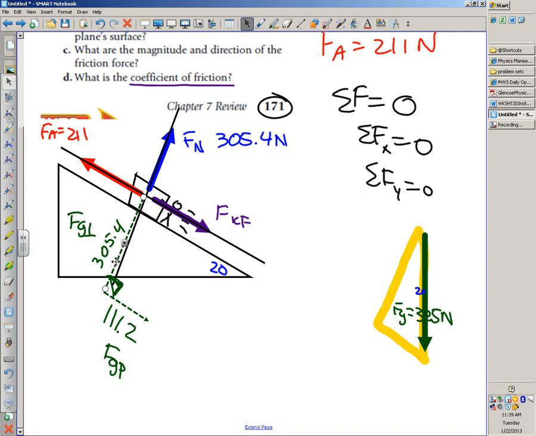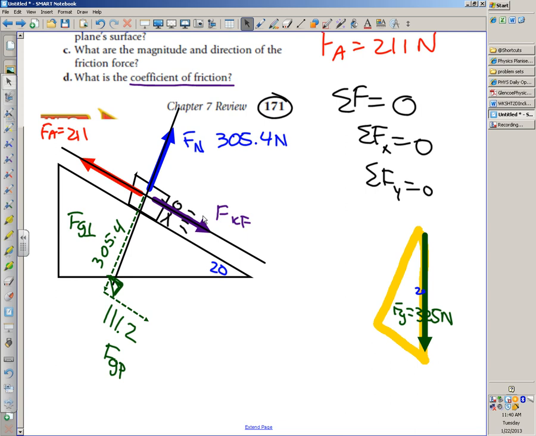If you look at the parallel axis, or if you want to call it the x-axis, whatever, how many forces are there parallel to the ramp surface in this picture now? There are three. There is the applied force going up the ramp, but then the parallel component of gravity down the ramp, and frictional force also down the ramp.